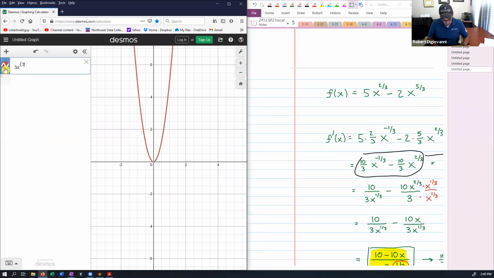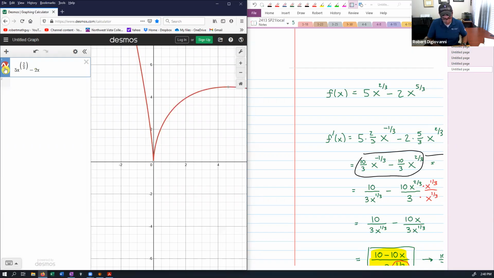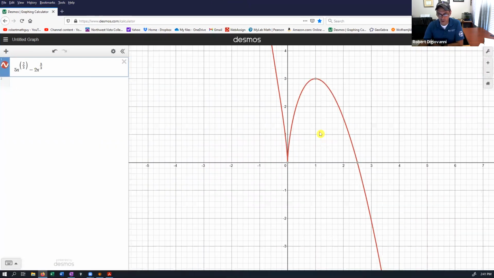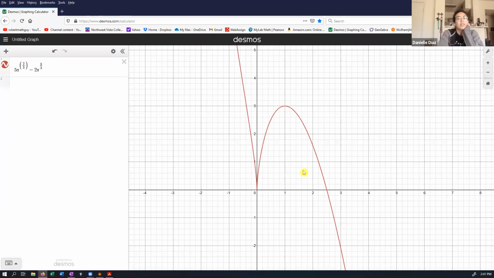X raised to the 2/3. Oops. Okay, 5x to the 2/3 minus 2x to the 5/3. Now that's a pretty cool looking function right there, isn't it? Yeah, it's cute. And look what we have. We said that it will be decreasing.